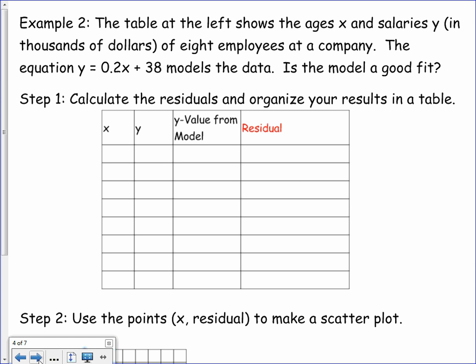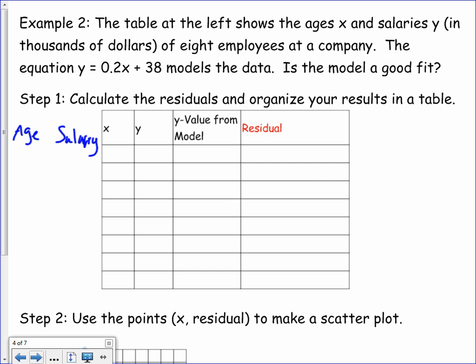Now example 2 says the table shows the ages and salaries. It looks like I don't have the table here, so I'll need to write that down for you, sorry. We want to see if the equation y equals 0.2x plus 32 will model the data. Let me make this table quickly for you.